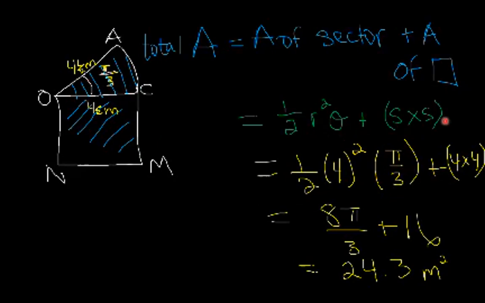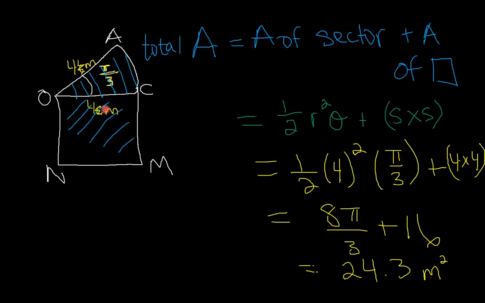Plus, side by side. They told us that this side of the square is 4 meters. We know that a square has 4 equal sides. That's how I was able to conclude that this side is 4 meters, this side is 4 meters, this is 4 meters, and this is also 4 meters. So if I want the area of the square, all I have to say is side by side, so 4 times 4.